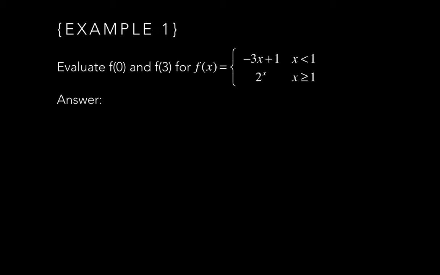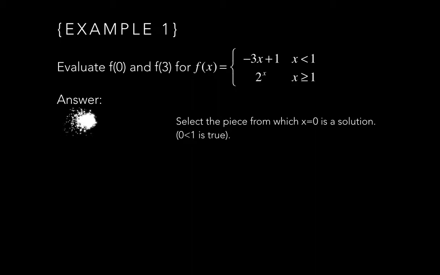So we're going to start by evaluating our function at 0. To do so, we need to select the piece from which x equaling 0 is a solution. If you look at the first piece, we're told that the x values are to be less than 1, and 0 is less than 1.